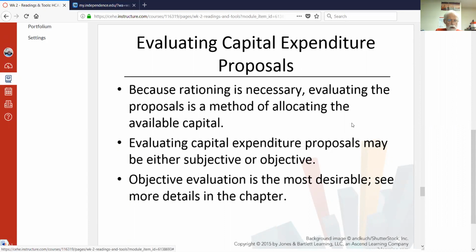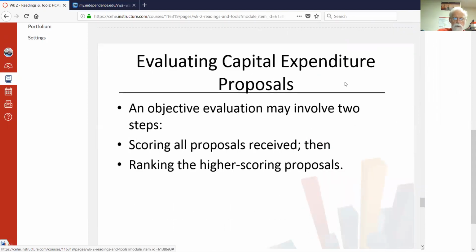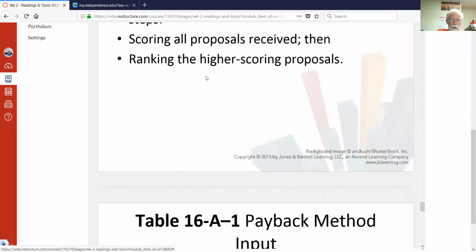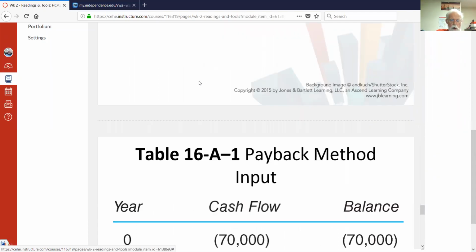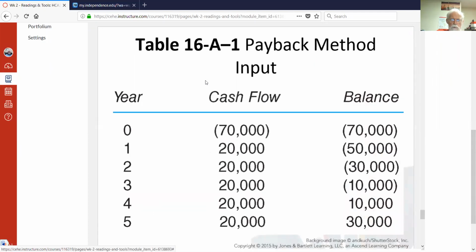We might look at history. We might look at what other organizations may have done. So we score all the proposals and then rank them.